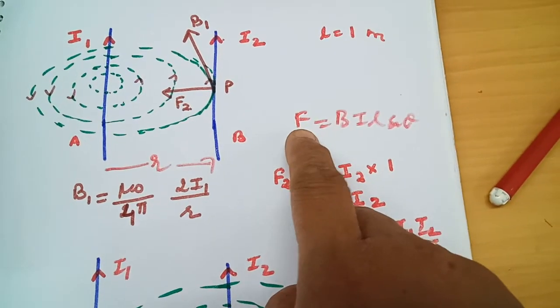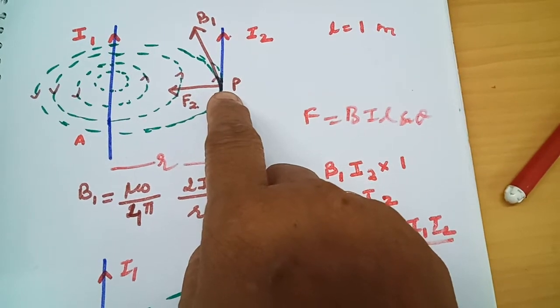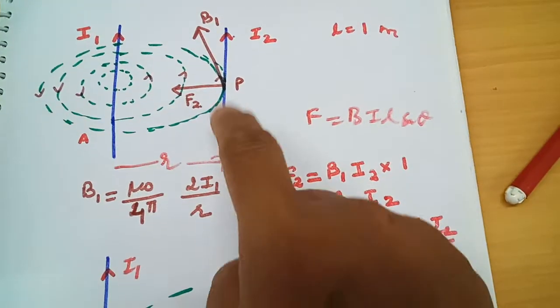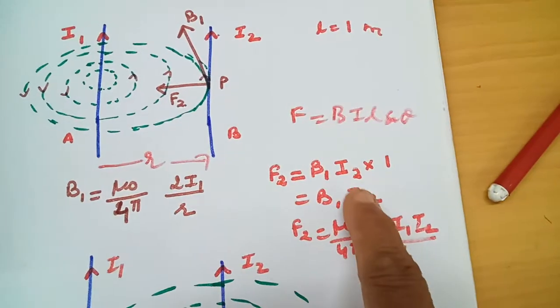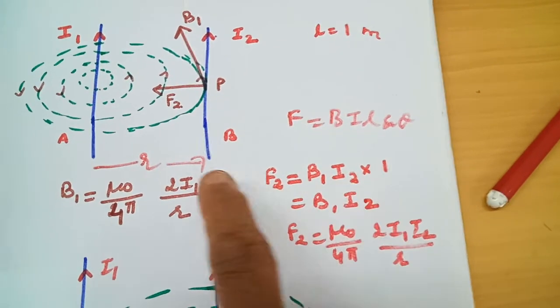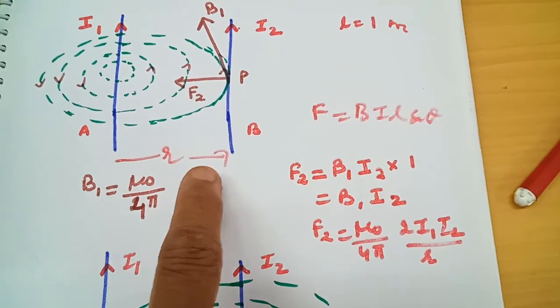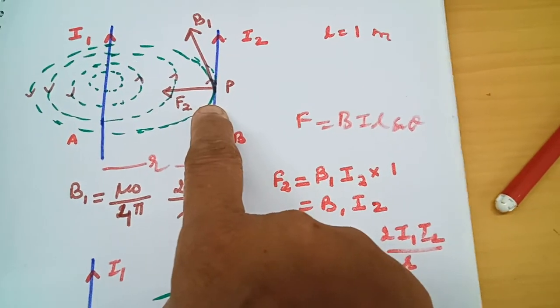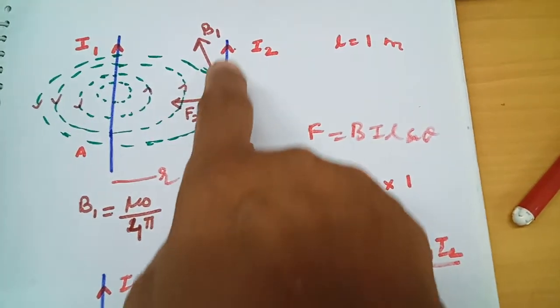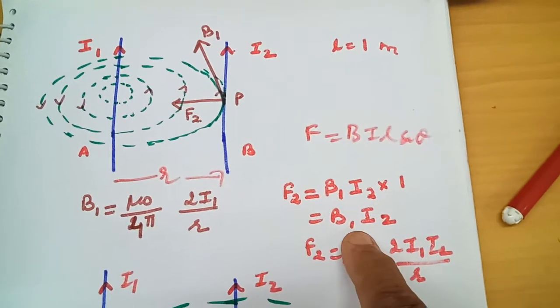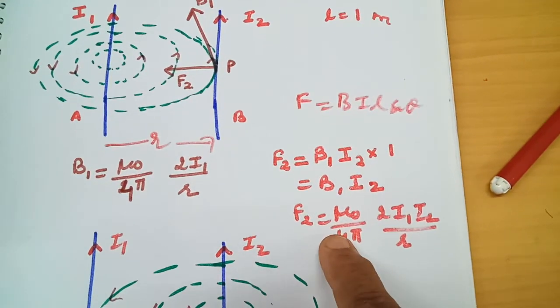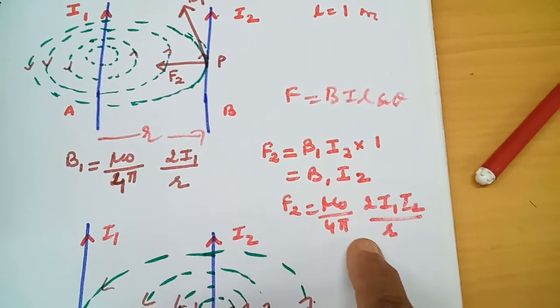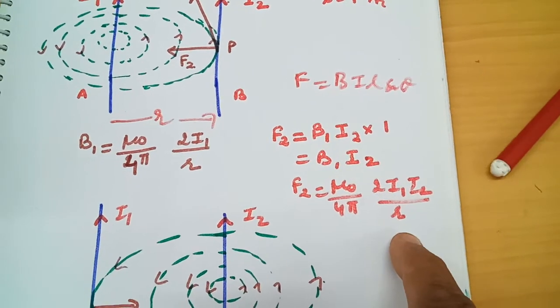Now on which conductor are you going to calculate the force? On conductor B, so which current is flowing? I2. So you will take that current here. Here you take I1 because the field is developed due to this, but the force on this conductor depends on the current flowing in this conductor. So that is B1 I2. Substitute the value of B1 with mu naught, and you will get mu0 upon 4pi times 2I1 I2 upon r.